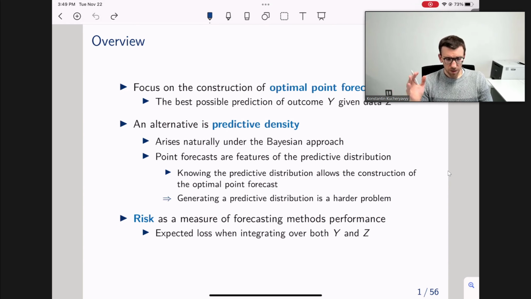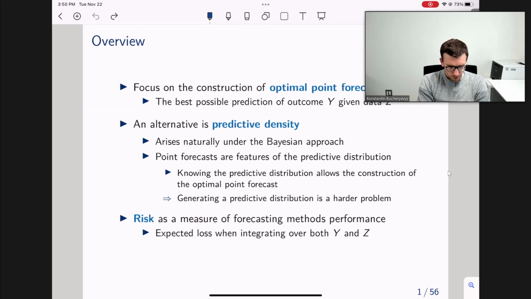Predictive density is when we come up with the whole distribution of outcomes with assigned probabilities. And the predictive density naturally arises under the Bayesian approach, which we will consider towards the end of the lecture.